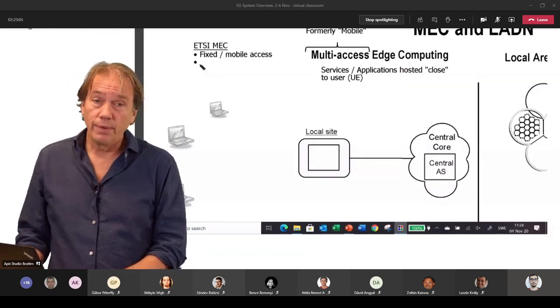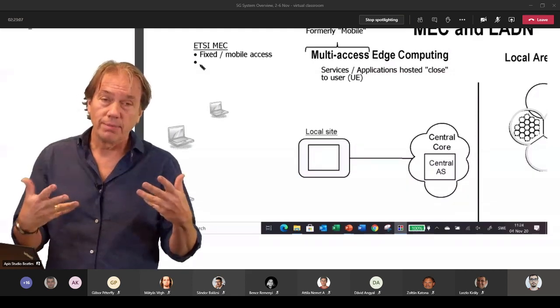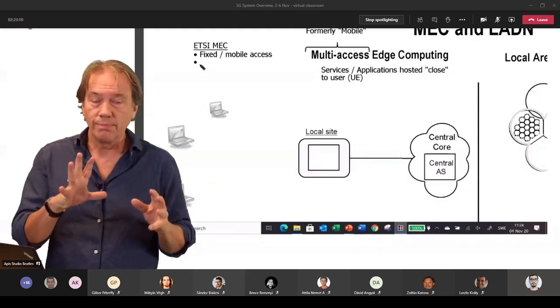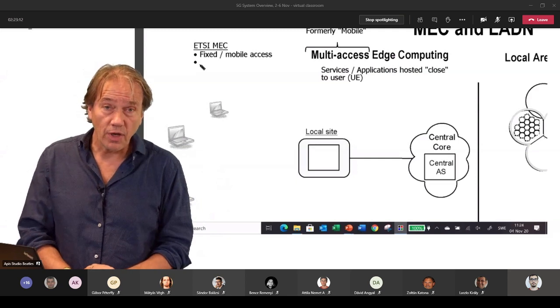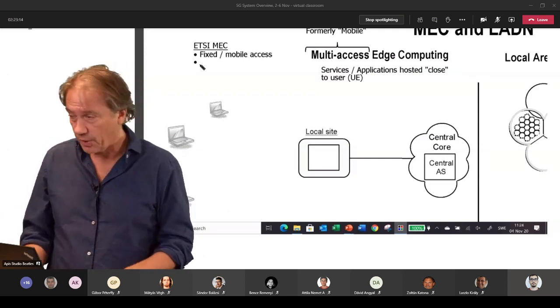As I will show you, they have created some type of architecture with interfaces and logical functions to enable edge computing.